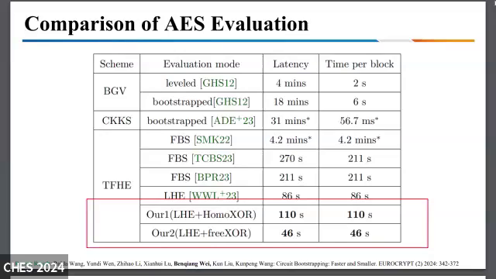As we can see from the table, we can now improve the efficiency of an AES block to 46 seconds. Our recent result is now published in Eurocrypt 2024. As we just said, circuit bootstrapping is our bottleneck.